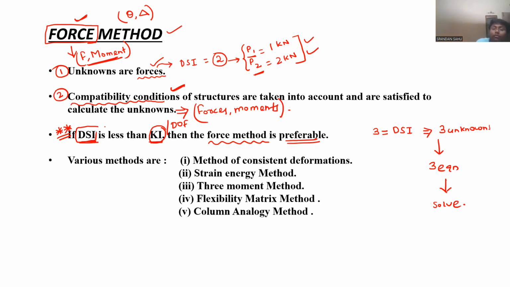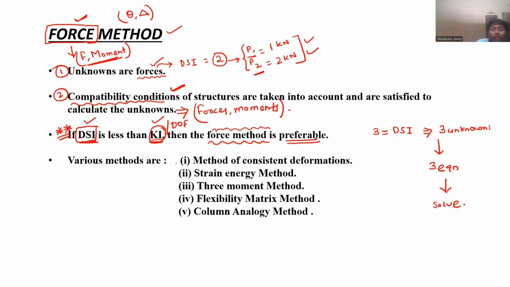So better to first calculate DSI and KI of the structure. If the DSI is less than KI, then close your eyes, think of force method, pick which force method you can use, and using the steps of force method, directly analyze the complete structure.